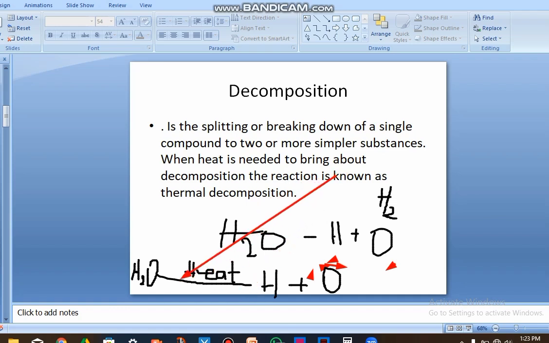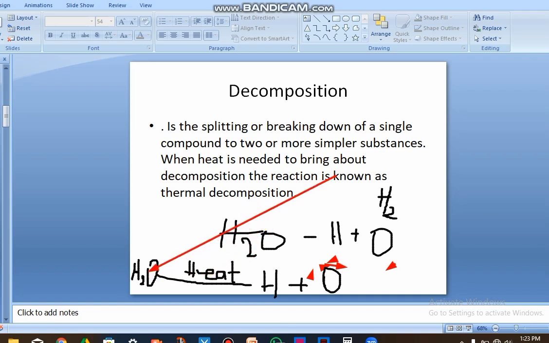So this type of reaction is called thermal decomposition. But look at this one. There is no heat. A single compound is decomposing, splitting into smaller elements, right? But if you see heat at the top side of the arrow, just know that that is a thermal decomposition.